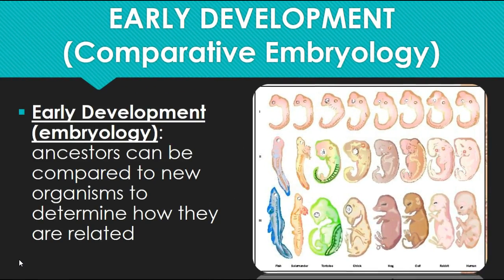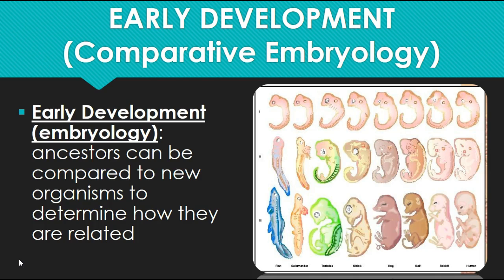that suggest they came from a common ancestor. And then finally, we want to talk about early development. And this falls under the field of comparative embryology. An embryo is, once an egg is fertilized, it becomes a single cell that starts dividing, and it develops into an embryo.